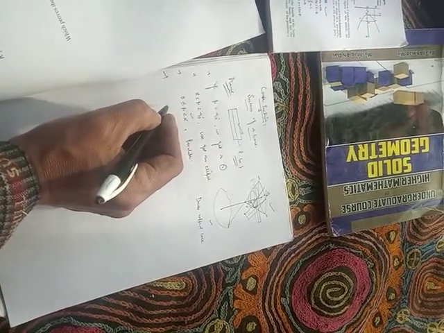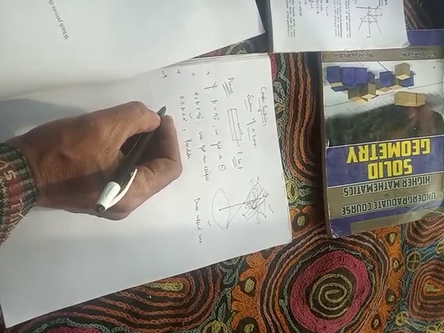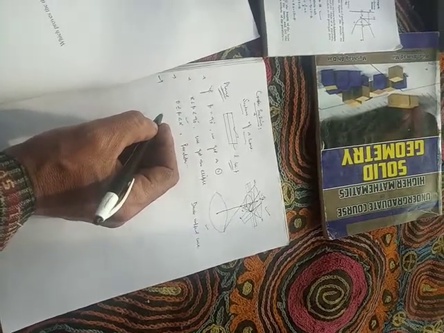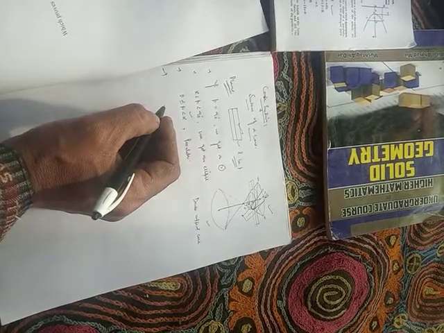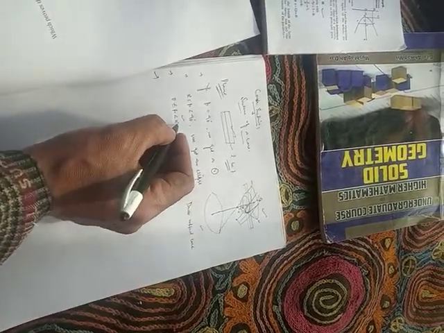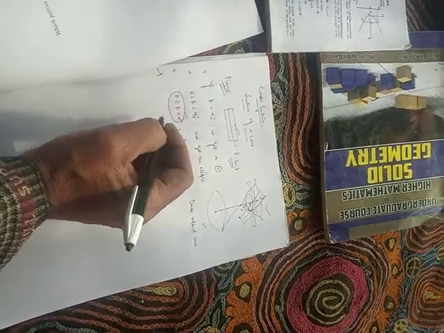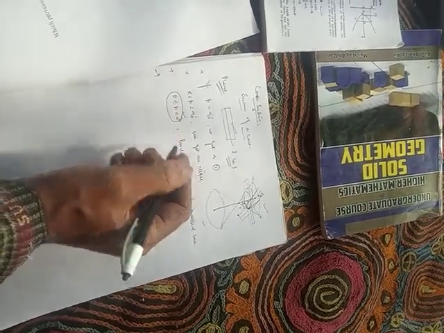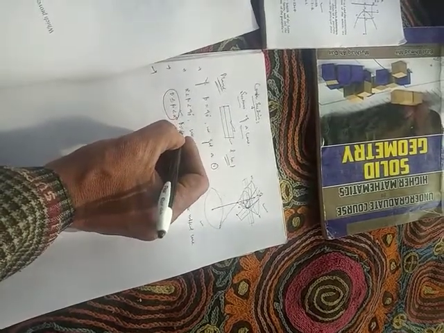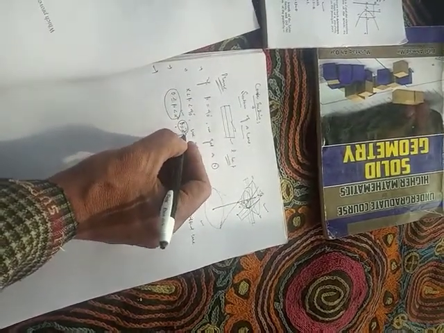Sorry, in this case, when beta is equal to alpha, at that time we get a parabola, this U-shaped figure.